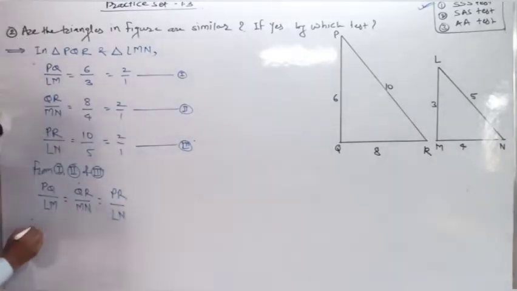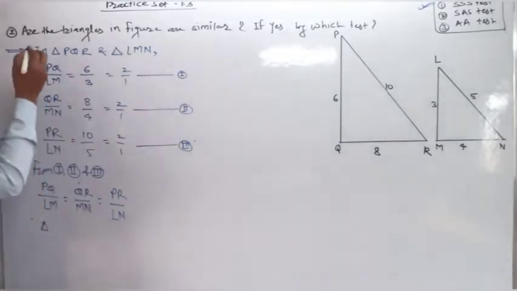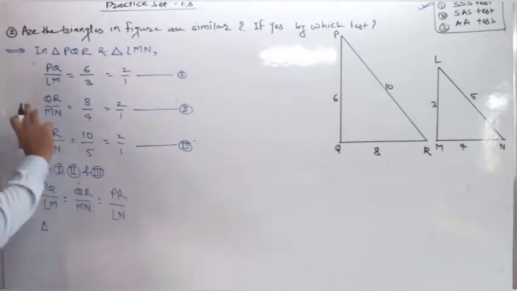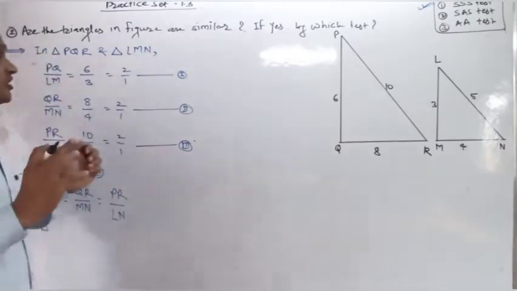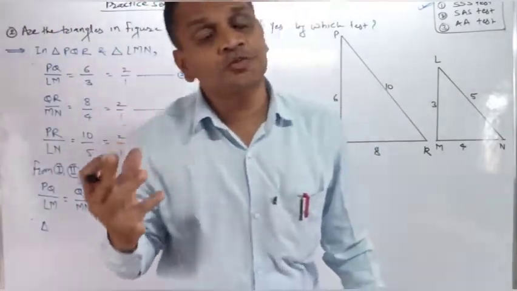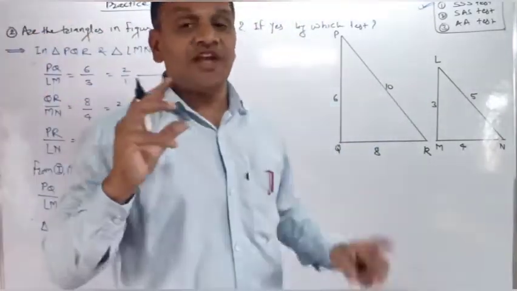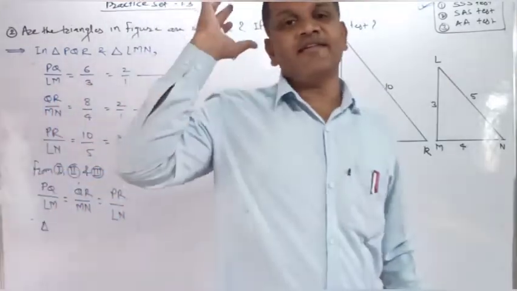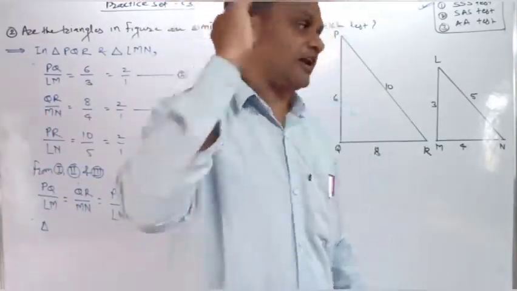Therefore, we say that if the corresponding sides of two triangles are in proportion, means the ratio of corresponding sides of two triangles are equal, then the two triangles are similar by SSS test for similarity, right?